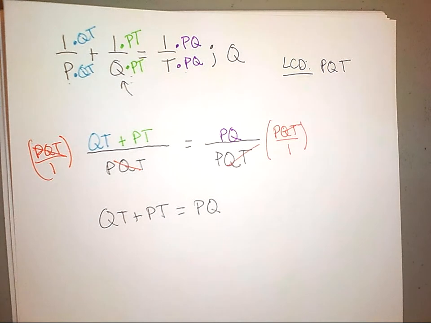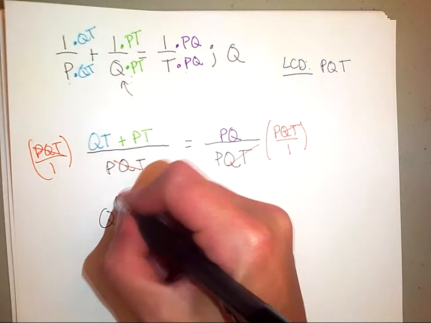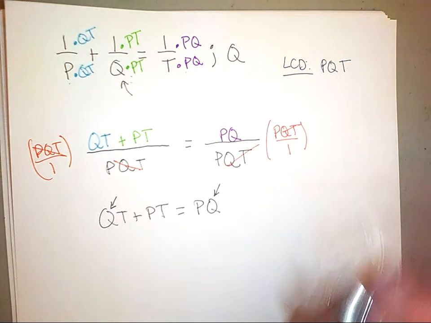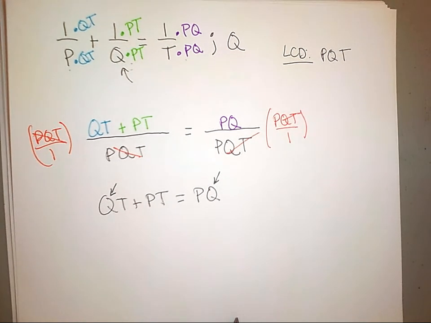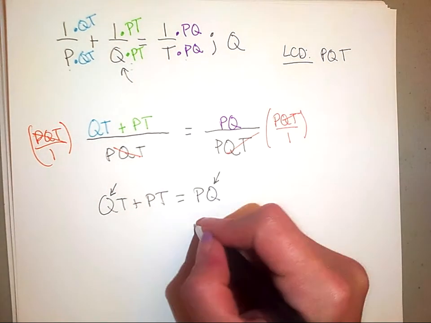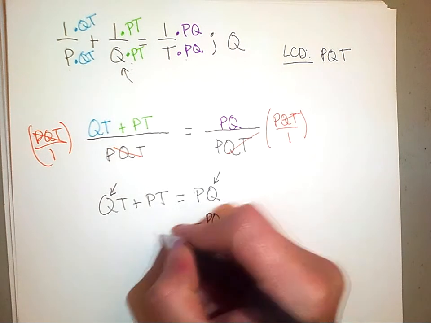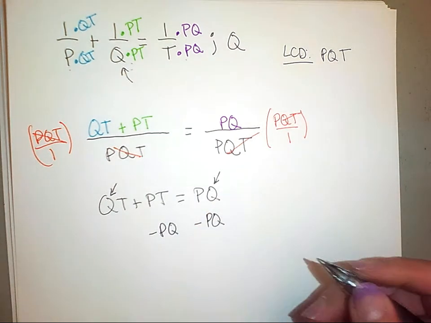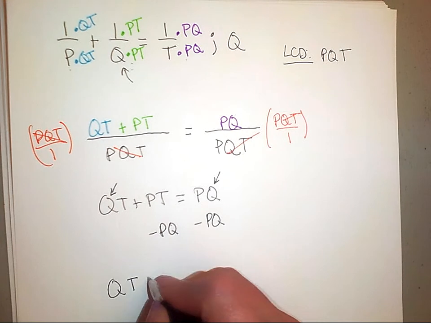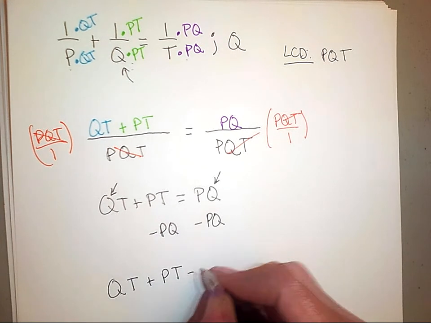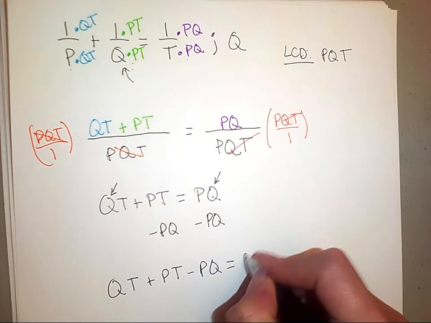Our goal is to solve for q. Now here's a q and here's a q. So we need to get these on the same side of the equation. So let's subtract pq from both sides. So now we would have qt plus pt minus pq equals 0.